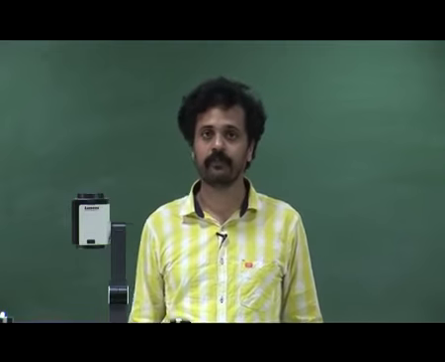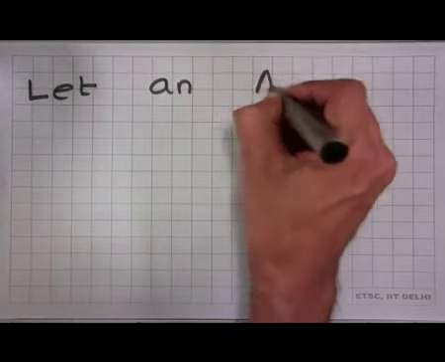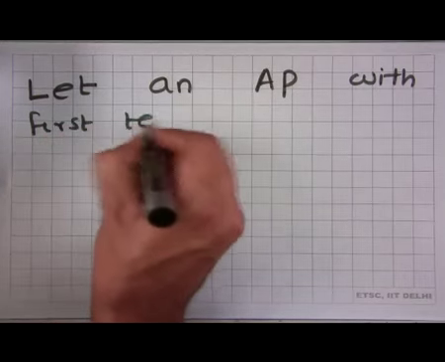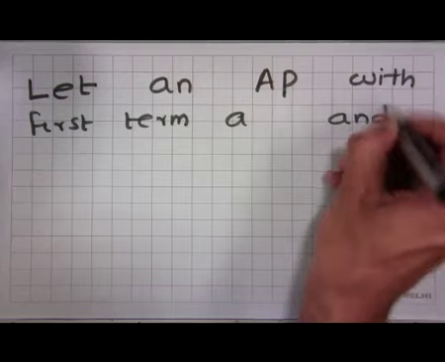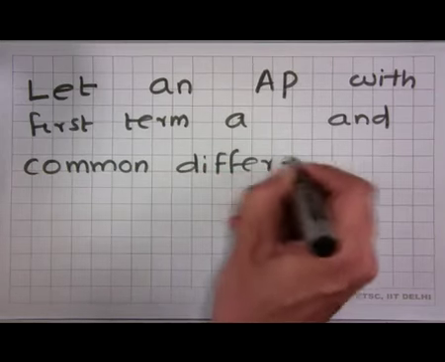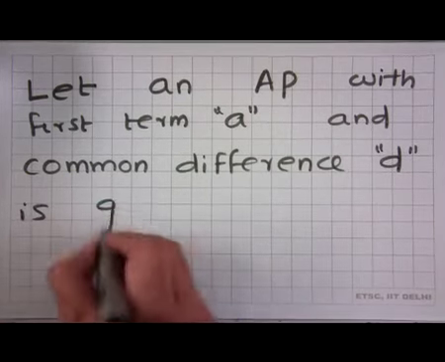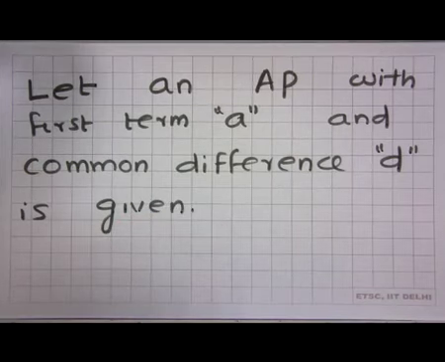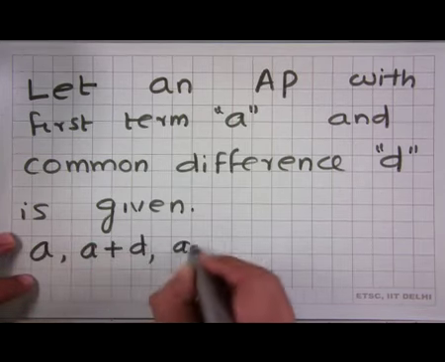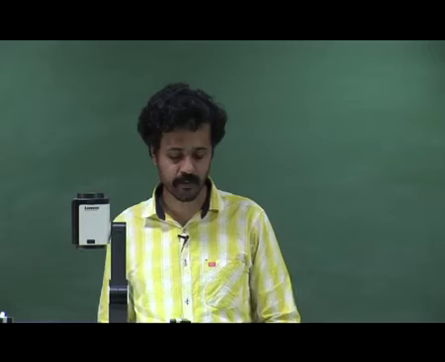Next, let us ask the following question. Let an arithmetic progression with first term a and common difference d be given. Let us take it in its standard form a, a plus d, a plus 2d, and so on. The question that we want to answer is the following.